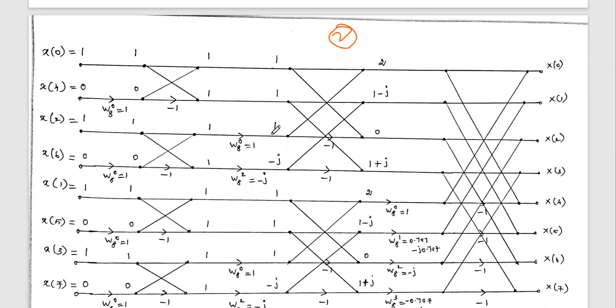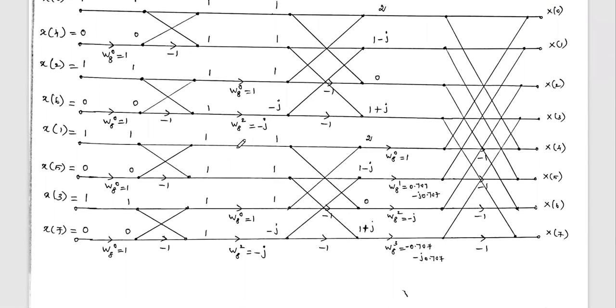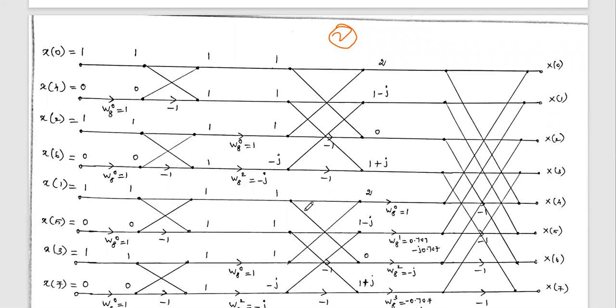Here 1 multiplied with 1, and 1 multiplied with minus j. Similarly here, the same one is appearing, and 1 multiplied with minus j. These are all the 8 data inputs applied to the second stage of the butterfly diagram. Again we have to calculate the answer for the second stage. Here you just assume this node is nothing but an adder.